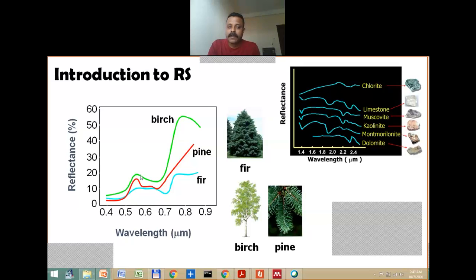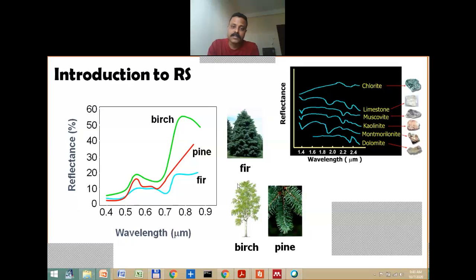Then further beyond, when you are entering the red, it drops. That is why you do not normally see leaves in red color. So in the case of a leaf of a tree, which is the dominant range? The green one. Why? 0.5 to 0.6, this is the green range.